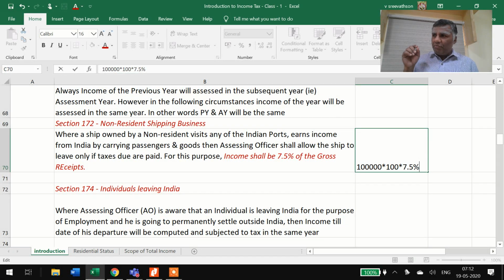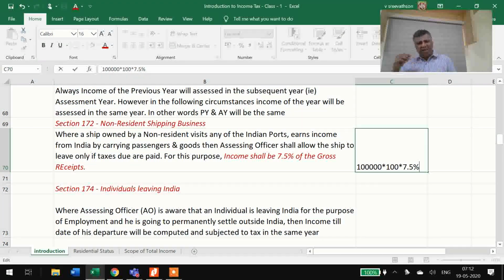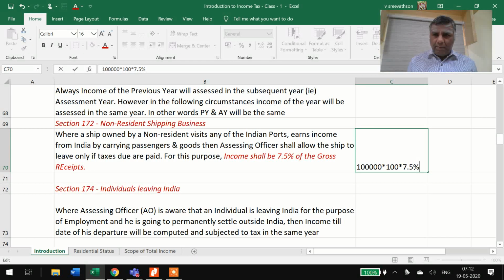So our financial year is 1/4/2019 to 31/3/2020. Assessment year is 1/4/20 to 31/3/21. I hope the class is clear about these things. More about the introduction as the class progresses; at various places, we will see introduction.